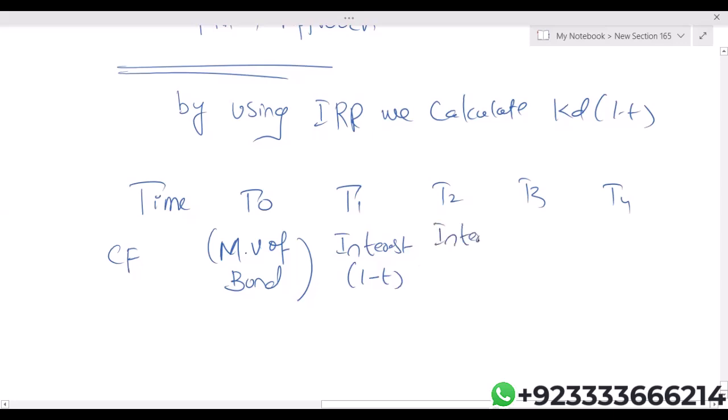Interest, that is cash interest. We know that. How do we calculate cash interest? That is par value multiplied by coupon rate. So interest (1 minus T), interest (1 minus T), interest (1 minus T). And here it will be interest (1 minus T) plus the redemption amount.